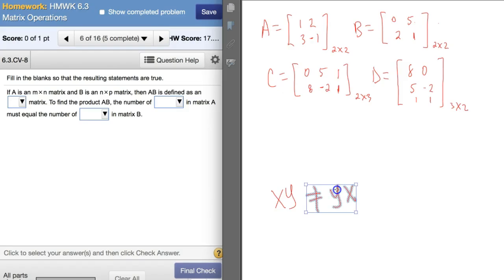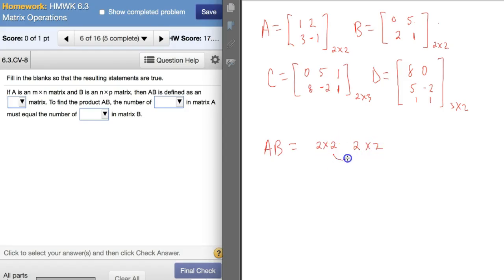Now other than that, the other thing we need to know is that whenever we are multiplying matrices, the inner dimensions of the matrices have to match. To make my point, I'm going to take this simple matrix A and matrix B and multiply them together. Do you see here that I have a 2 by 2 matrix being multiplied by another 2 by 2?